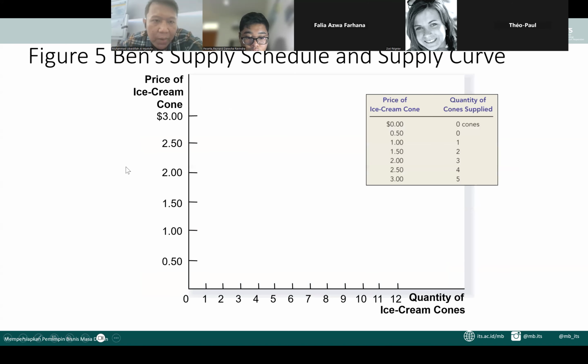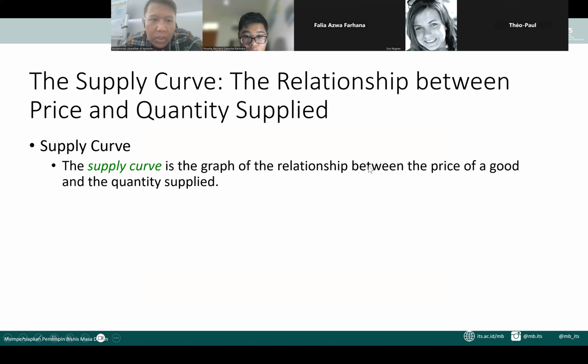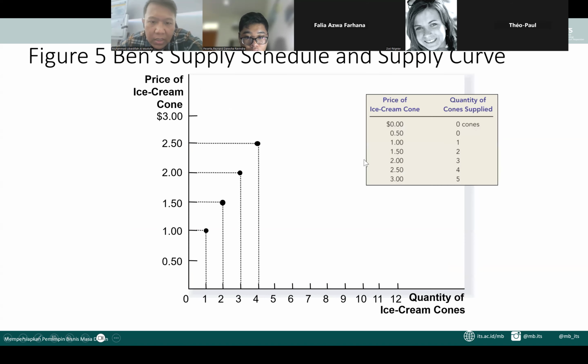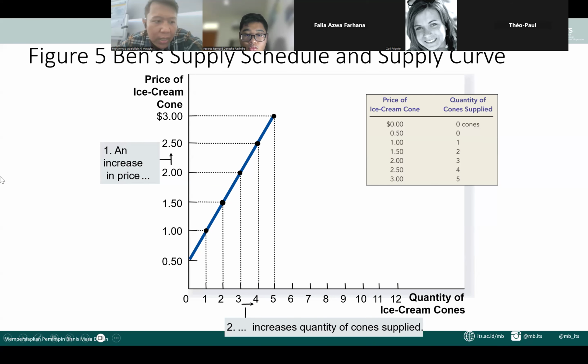Now we have the supply curve. If we draw the supply schedule, this is what the supply curve looks like. We have $2 and then an increase to 2.5. Look, the quantity that the sellers are willing and able to supply increases from 3 to 4.